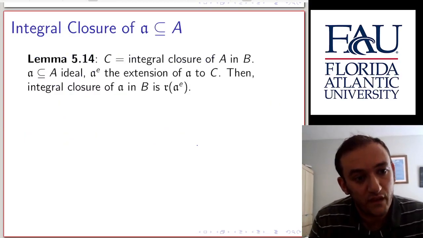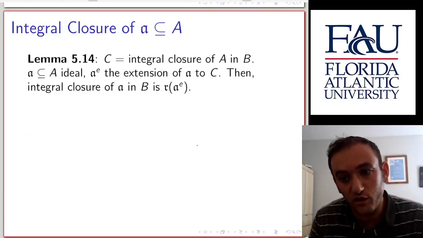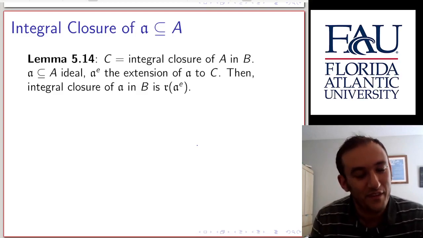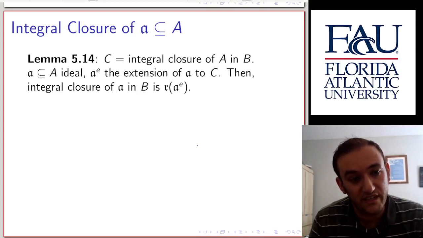Now we'll prove the following lemma. Again, all of this is working towards the going down theorem. Let's consider the integral closure of an ideal.